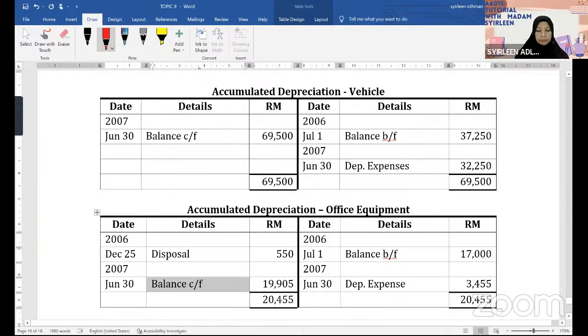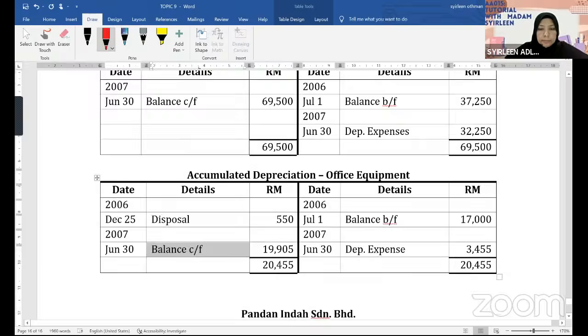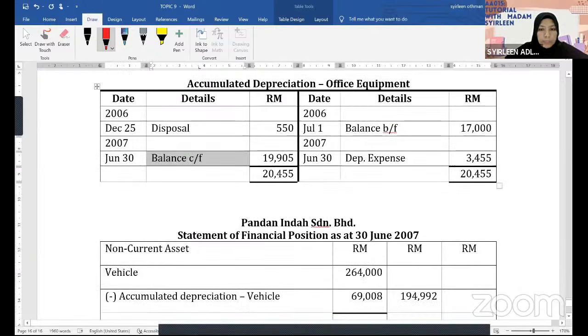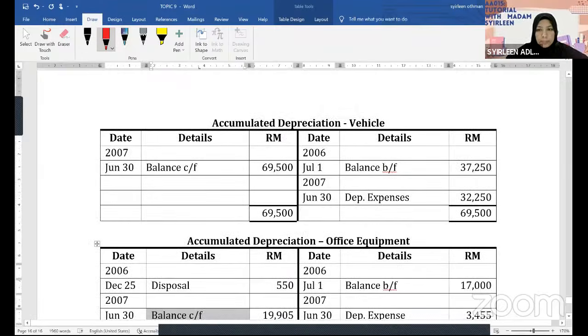With this? Okay. So now kita akan kira untuk accumulated depreciation. So the last part we're going to show you the statement for financial position lah. Okay. All right. So vehicle kita akan ambil daripada ledger.